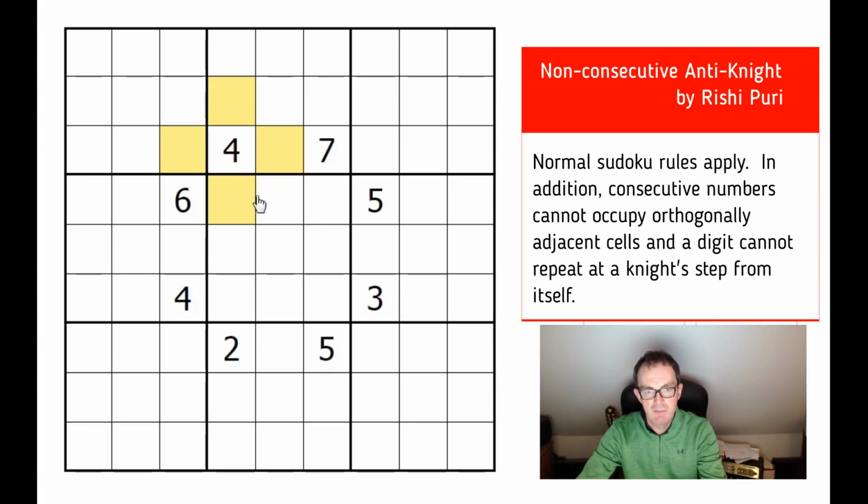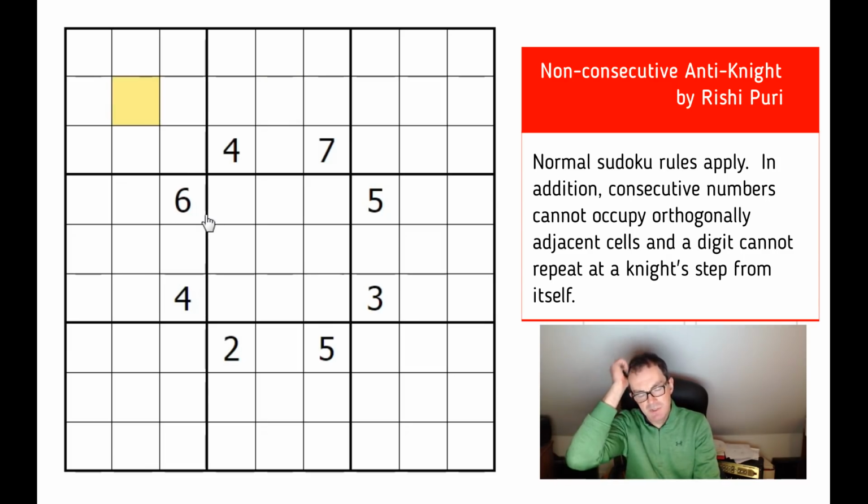Now what does that mean? Well, that means, looking at this 4 again, there couldn't be a 4 a knight's move away, and that's a chess knight's move. So all of those squares could not contain 4s because of the knight's move constraint. And that's it. Apparently it is possible to solve this puzzle just with those 2 additional constraints.